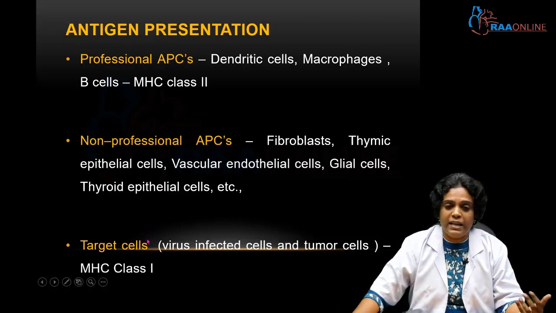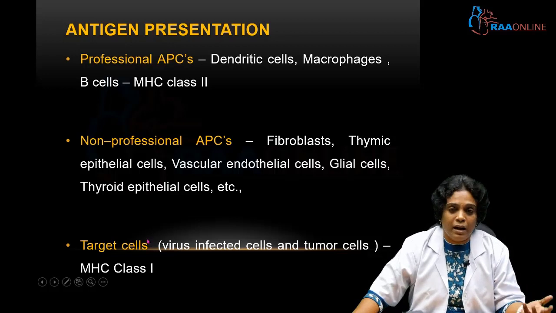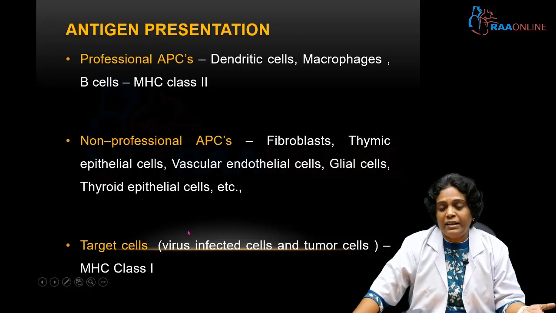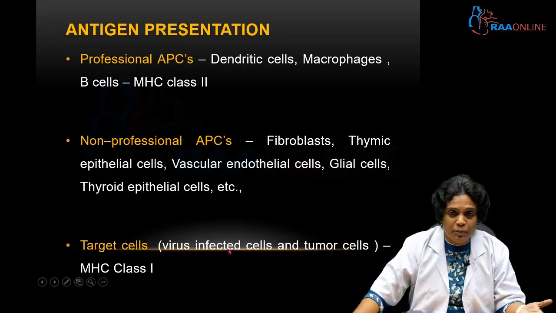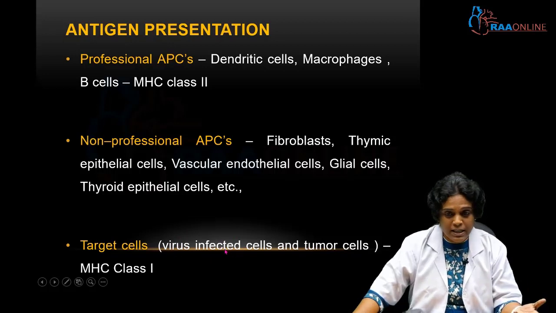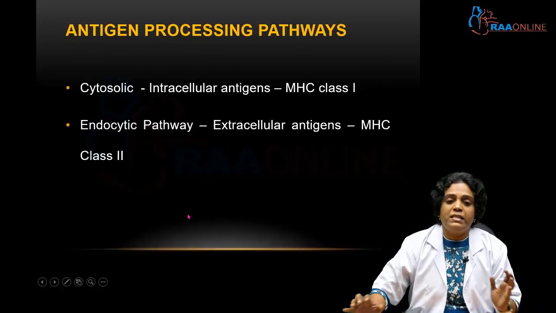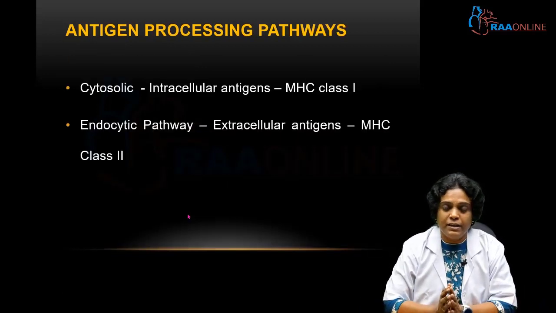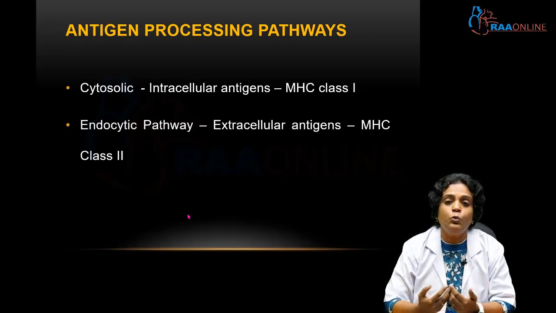These target cells have MHC class I molecule, and the viral particles or the tumor antigens will be processed and presented along with class I MHC molecule, which in turn will be recognized by a cytotoxic T cell.